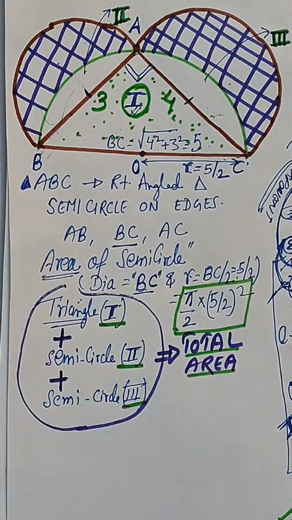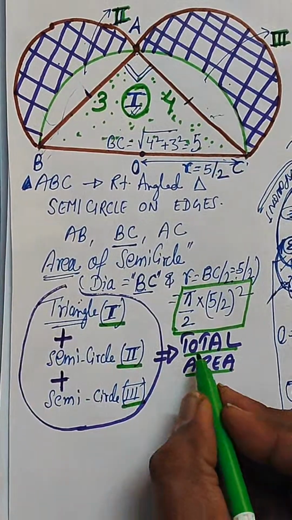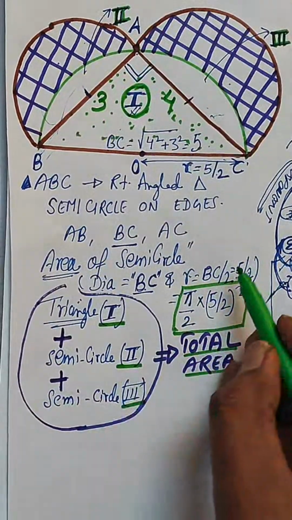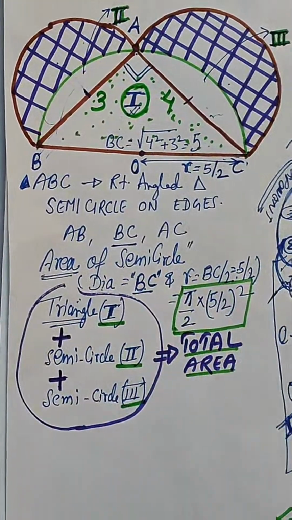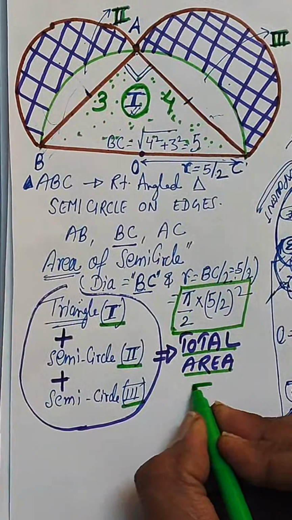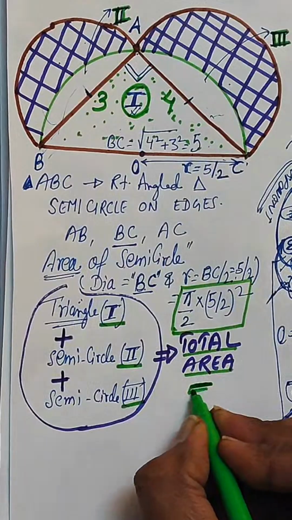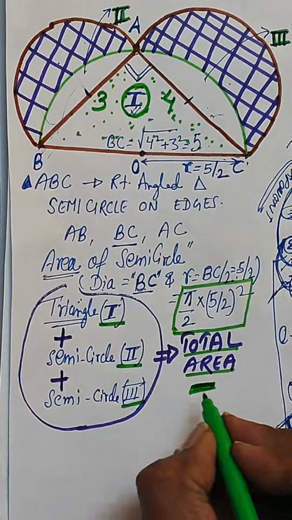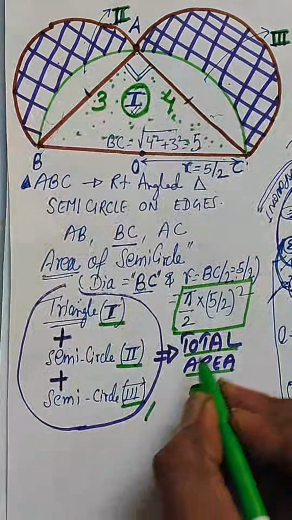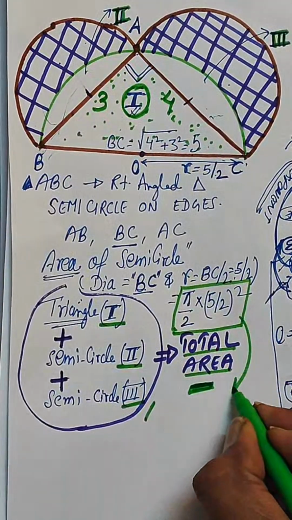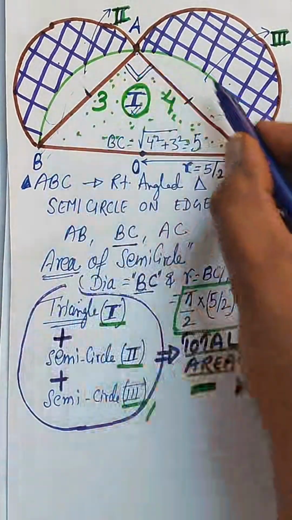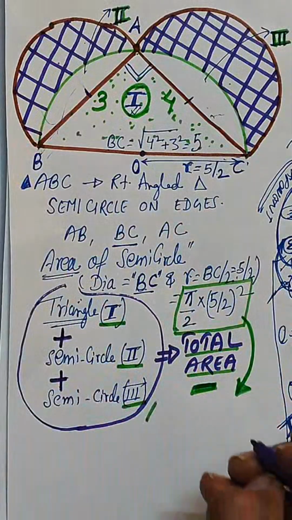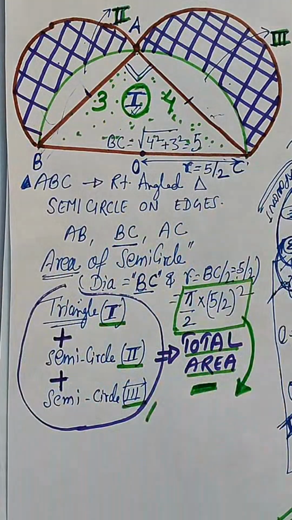So from this total, the area of the semicircle drawn on BC needs to be subtracted, right? This is minus, that means this area, that is the area of the semicircle built upon the base BC or hypotenuse BC with OC as radius, right?